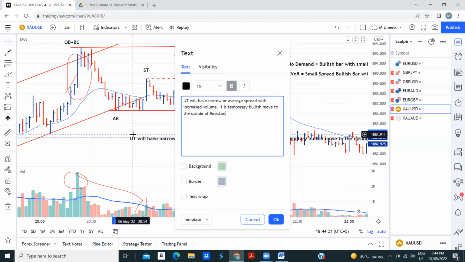Got it? It's a temporary move which immediately reverses below the resistance line. Got it? Okay. Now this one, as I told you.